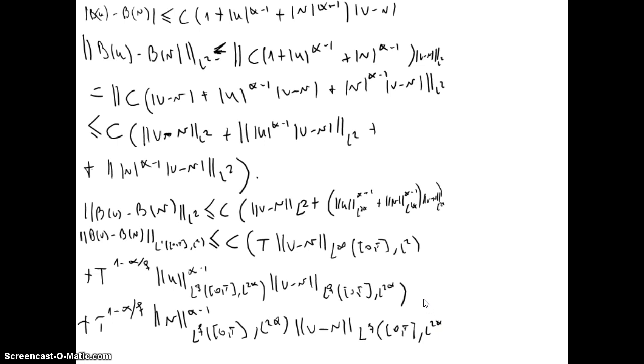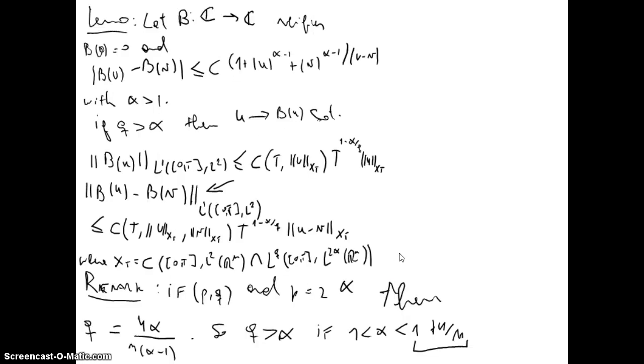Okay, and recall that X_t is the set where here is L^q(0,t; L^(2alpha)(R^n)).